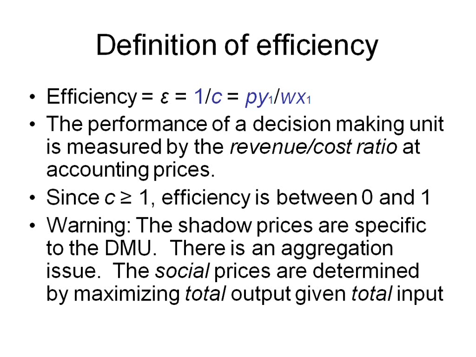So we clearly have an aggregation issue of efficiency because the efficiency of decision-making unit 1 is the revenue-cost ratio of decision-making unit 1 at its own shadow prices. Okay, so you have all those efficiencies of all those decision-making units, and if you want to know the mean efficiency of the entire system, it's not easy how to do it.